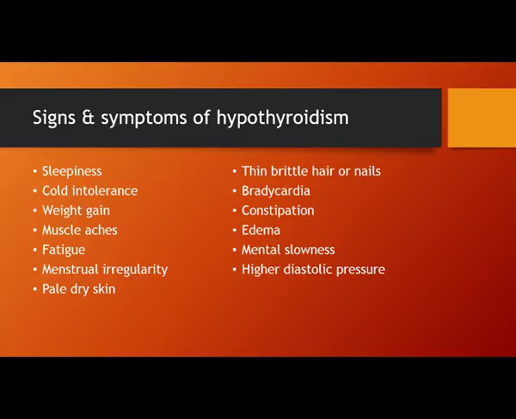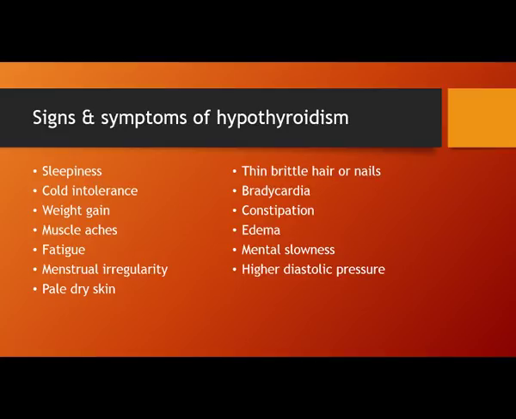They'll be sleepy, with cold intolerance, muscle aches, fatigue. But then we get to menstrual irregularity. That can be a symptom of either hypo or hyper. They'll have menstrual issues. Pale, dry skin is typical of hypothyroidism.